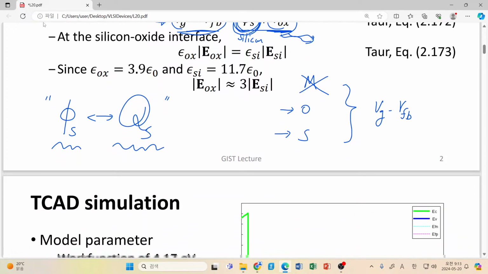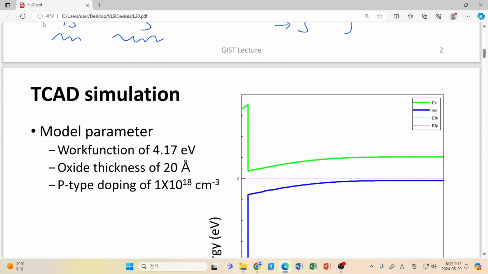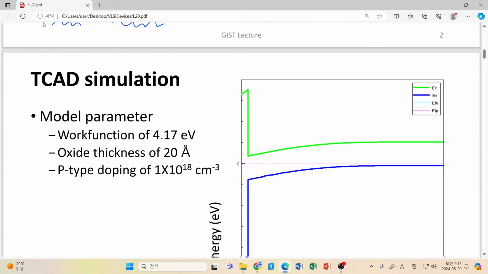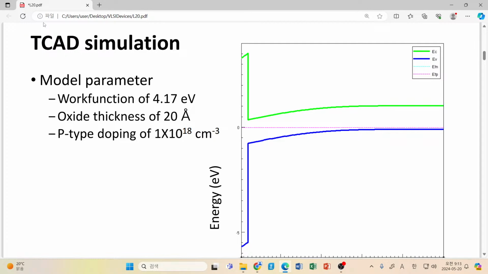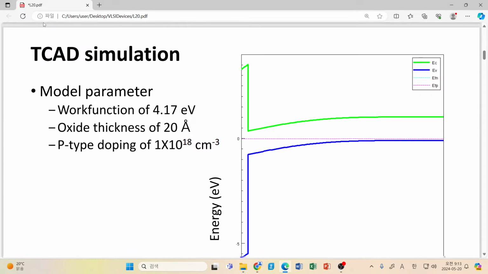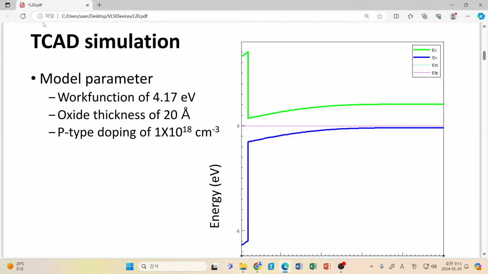Okay. Before talking about the formulas, let me just show you some simulation result. Please make a qualitative understanding of this one. Let's think about this small structure.